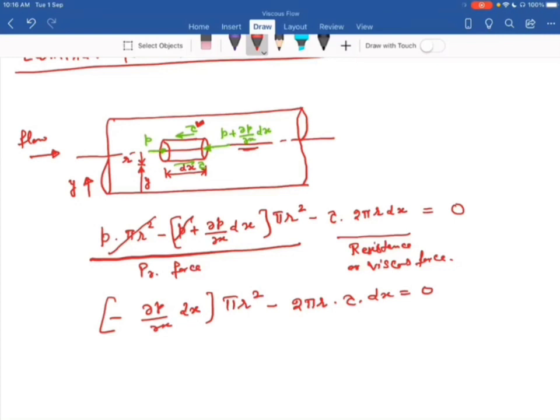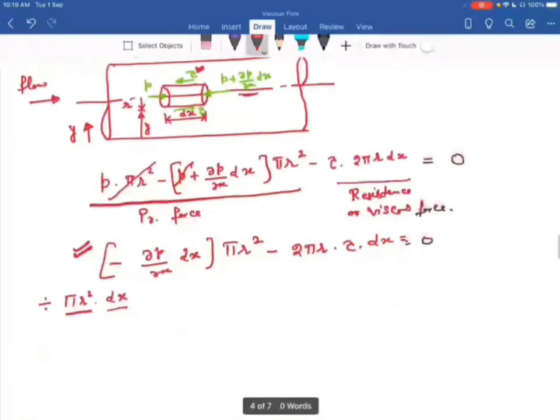Now I divide all these terms by the volume of the element. The volume is area into the length, so area into dx. So we have the resulting relation.